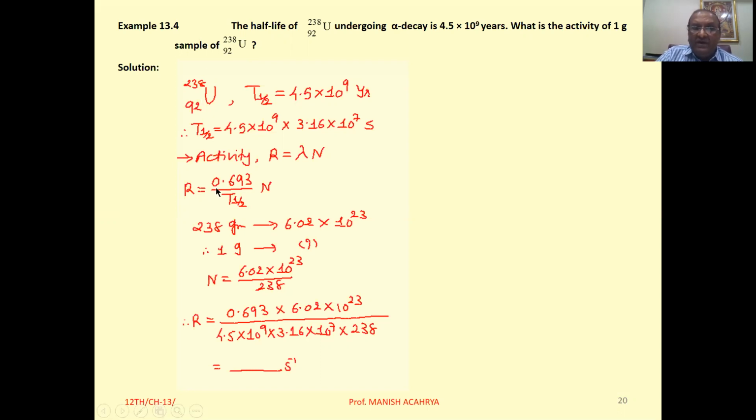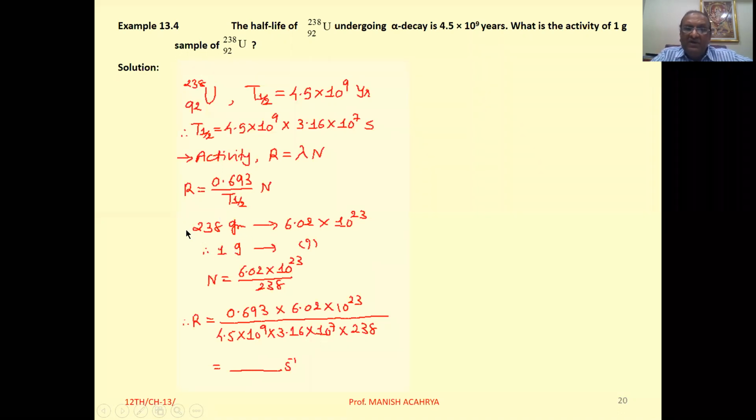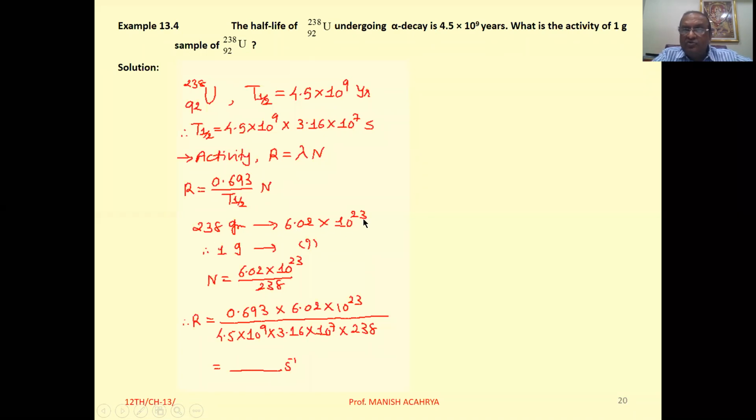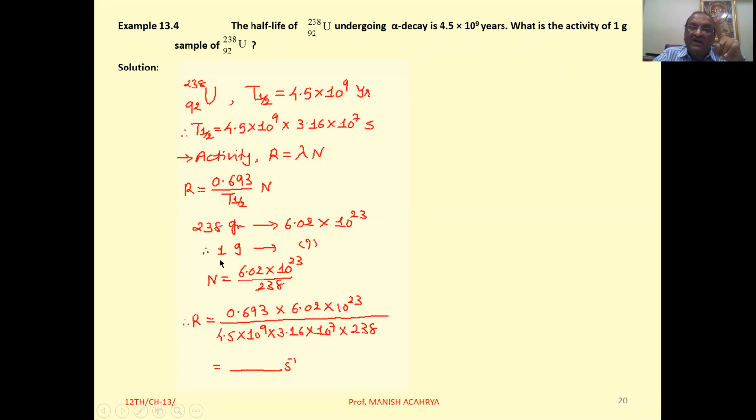So if we take uranium 238 grams, equal to its atomic mass in grams, that is 1 mole of substance. The number of nuclei is 6.02 into 10 raised to 23. Therefore, in 1 gram, how many? So N equal to 6.02 into 10 raised to 23 upon 238.